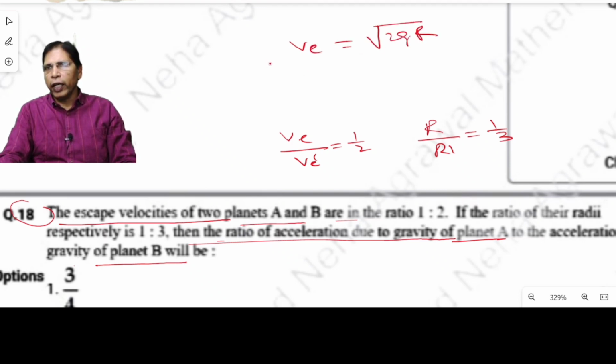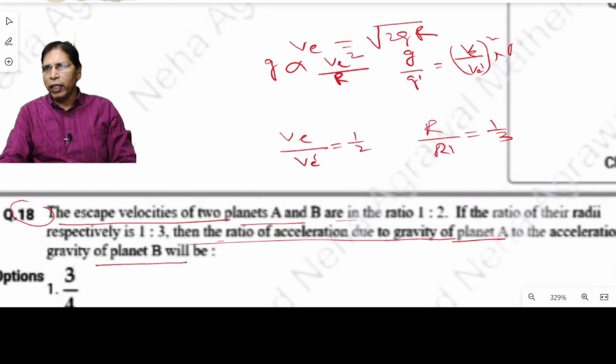So G is proportional to VE square by R. So G by G dash equals VE by VE dash whole square into R dash by R. This is 1/4, and R dash by R.